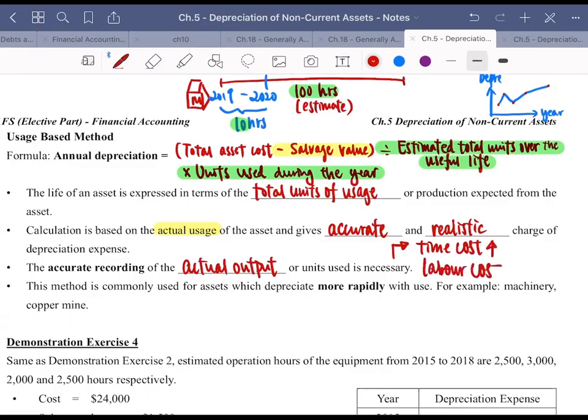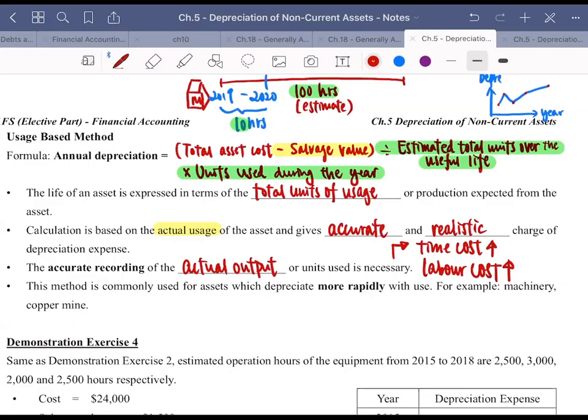So this is not a method we will most frequently use, but it can give us the most accurate results of the depreciation. We have to balance the cost and benefit, and the management in the company will decide which method would be used in our operation.